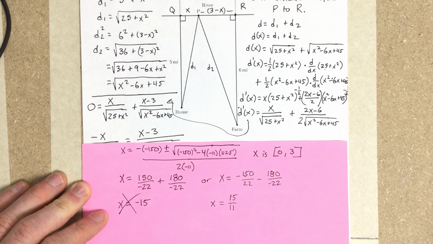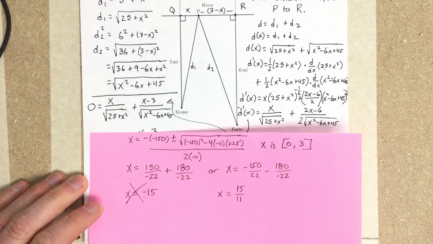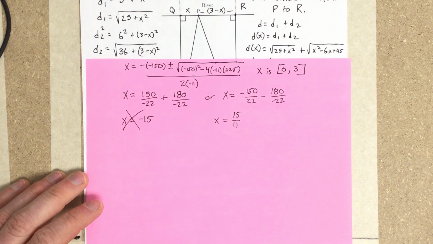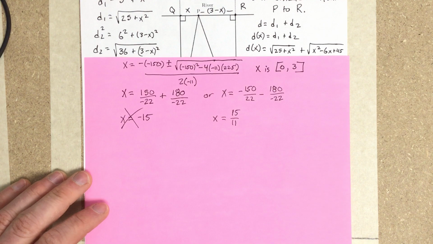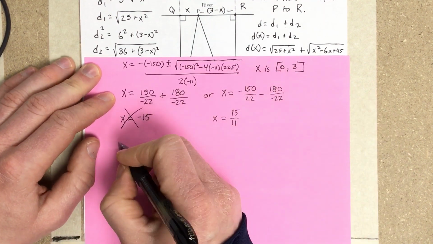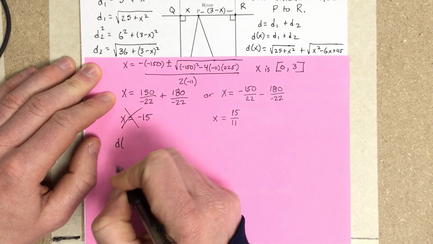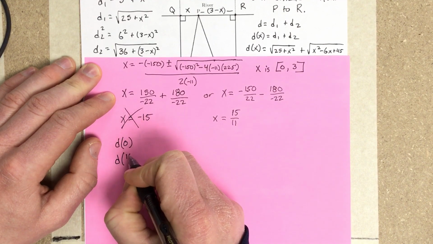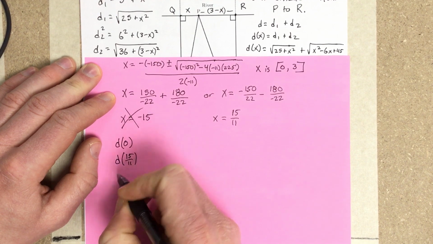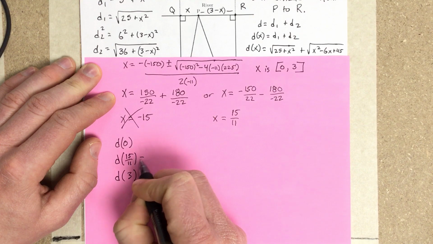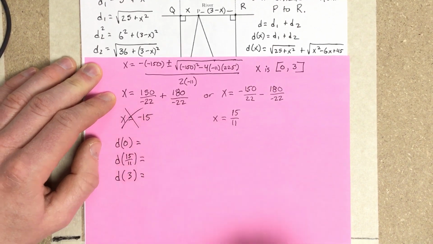So we need to go back to our original equation for d. I'm going to go right back to this d of x value here, and I want to check d of 0, d of 15/11, and then also d of 3, the endpoints. Which one of these is going to minimize the walk for the farmer?